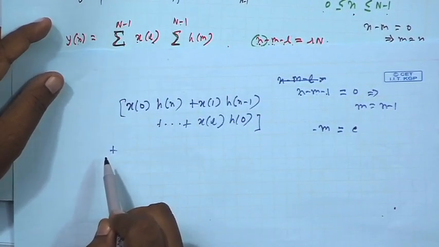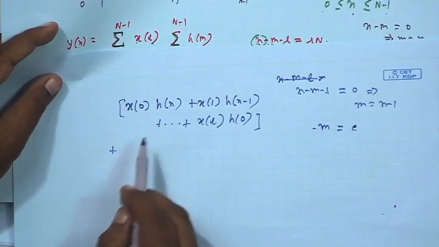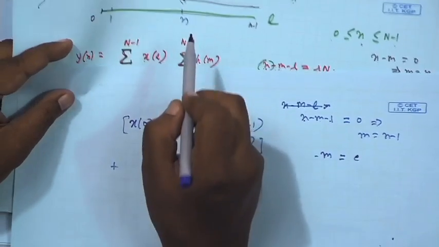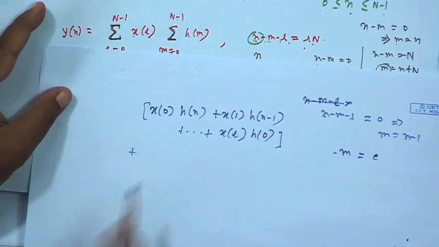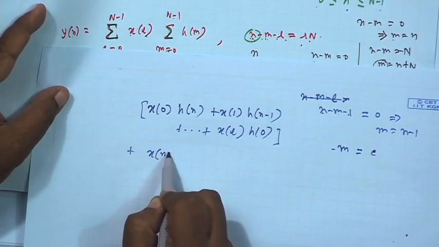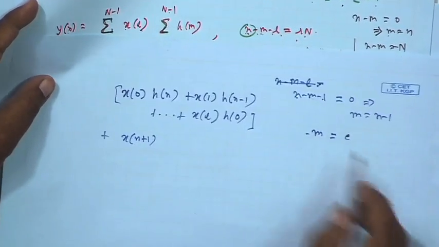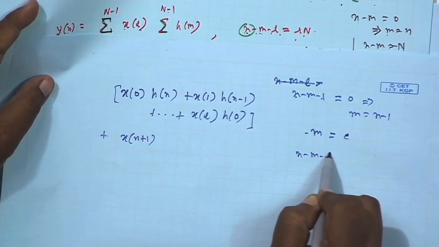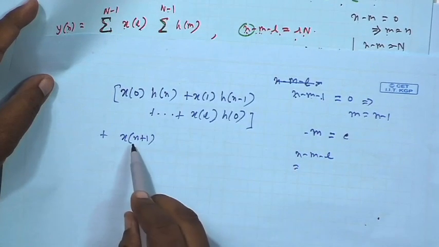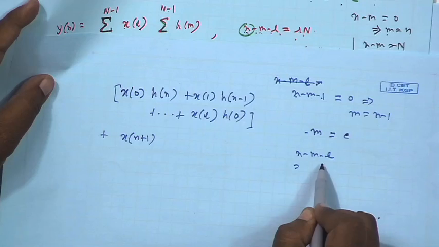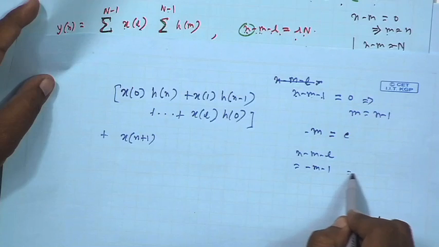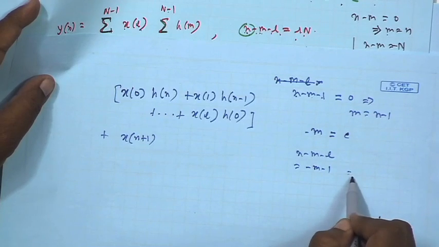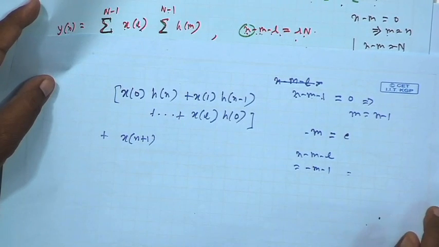And then as I go further, L suppose is n plus 1. This is very interesting. X is L. Then n minus m minus L, where L is n plus 1. If this can be 0, then m is minus 1, that is outside the range.